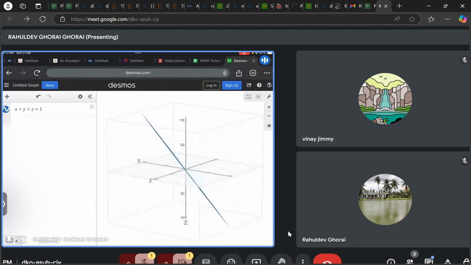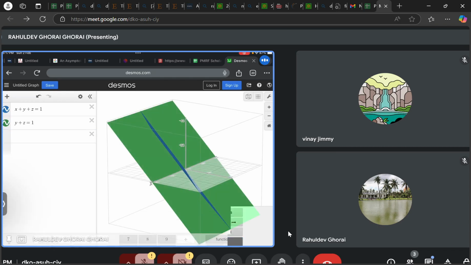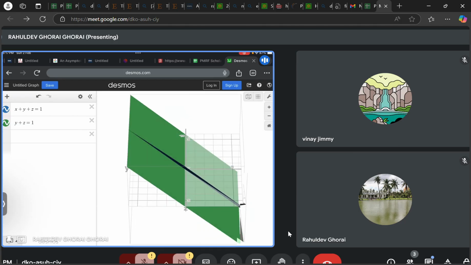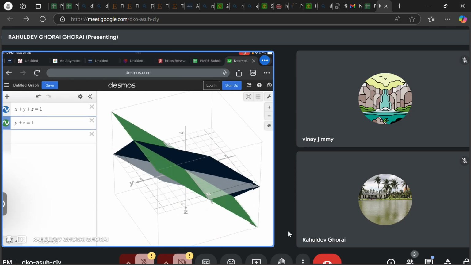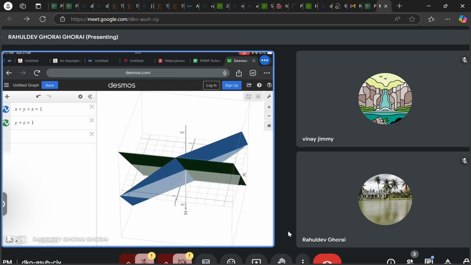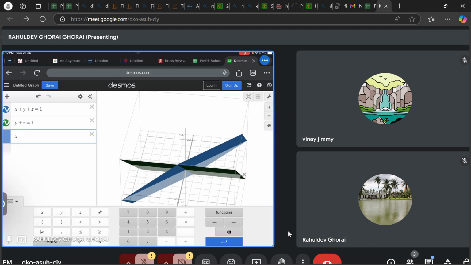So suppose this is the plane, and then also you have a plane like y plus z equal to 1. See, you got two planes. Now one more plane, let's say x equal to -1, right? That's all.